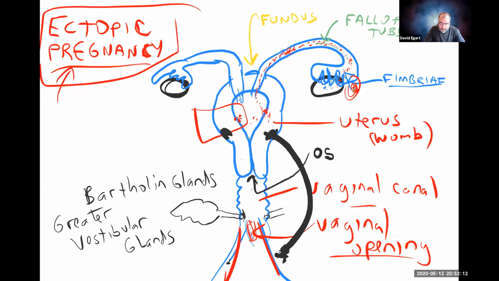They provide some of the lubrication here, although a lot of the lubrication that happens as a woman becomes sexually aroused just happens because of vasocongestion. Part of sexual arousal in both men and women is a lot of blood flow into the region.